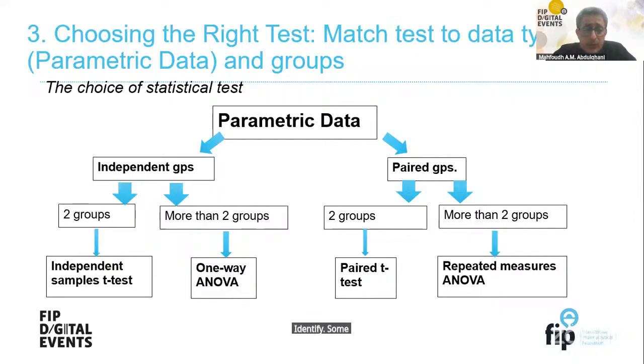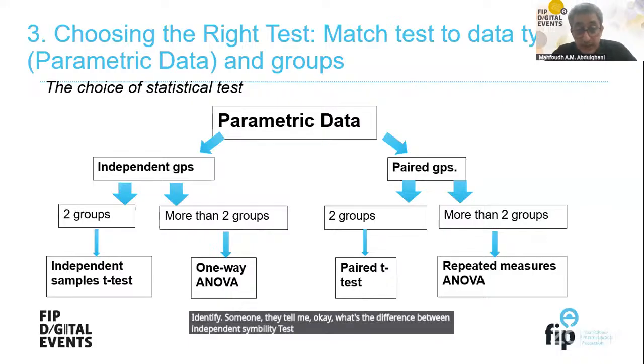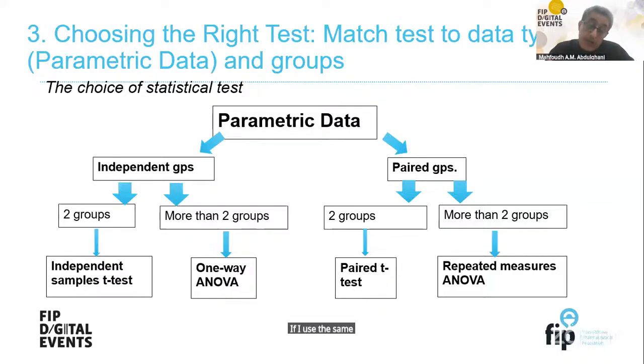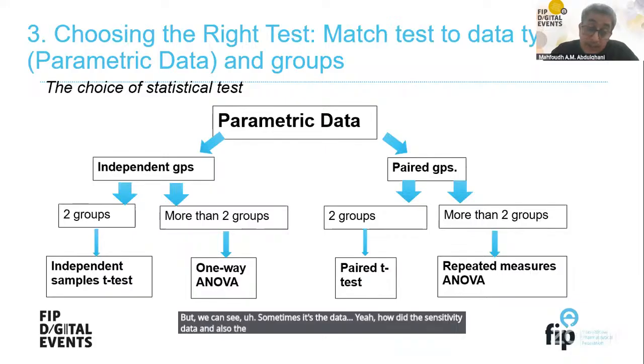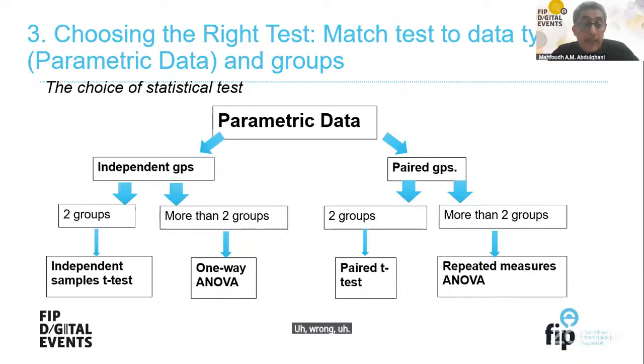Someone asked me, what is the difference between the independent sample t-test and the paired test? If I use the wrong one, we can run it wrongly, and sometimes the sensitivity of the data and also the outcome can lead to a wrong conclusion. Okay, next slide, please.